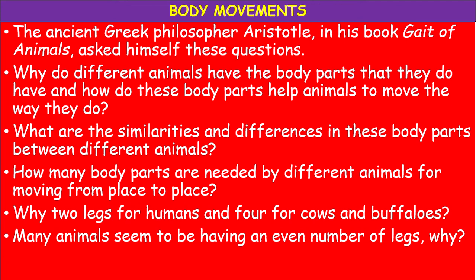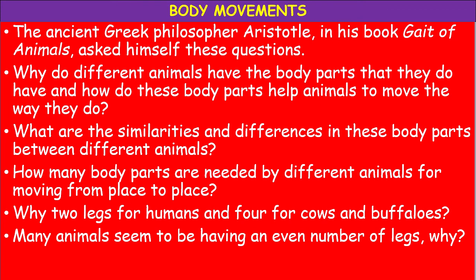Some animals like lizards have 4 limbs, forelimbs and hind limbs. And in a frog, the movements are also of different types: hopping, jumping, running, flying. Depending upon the body parts used in movement, the types of movement also vary in the animals.